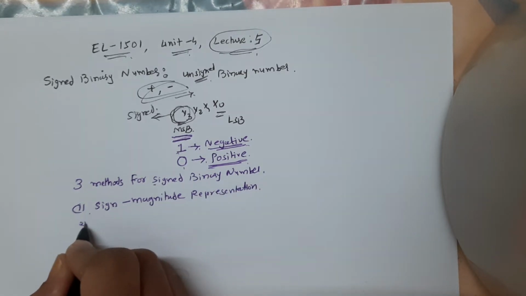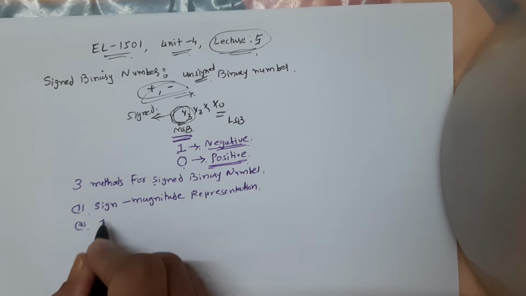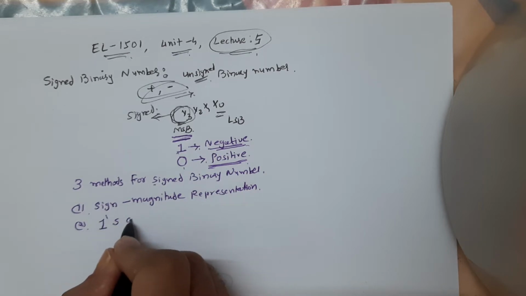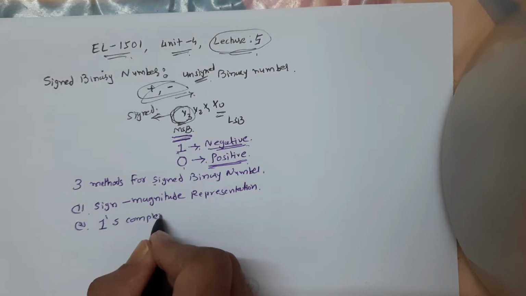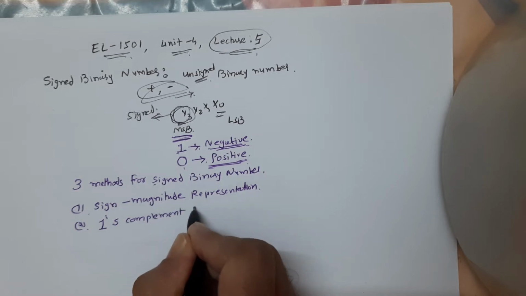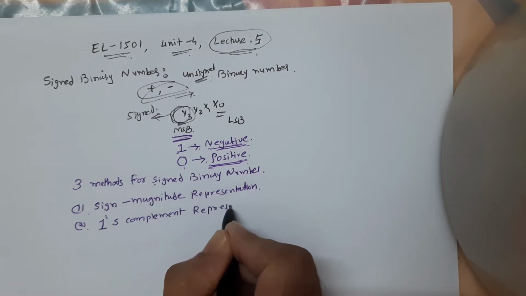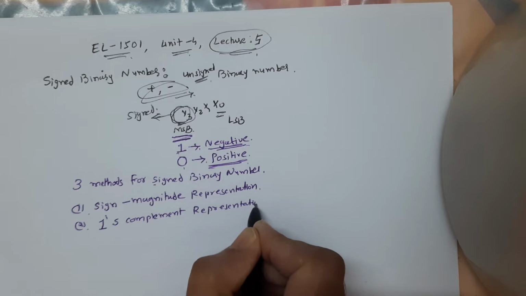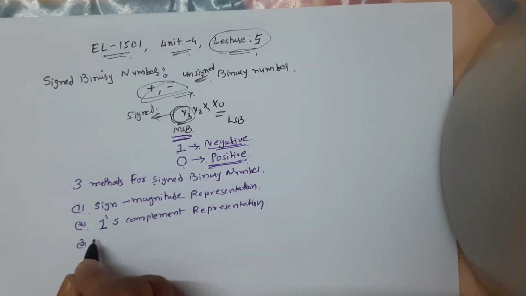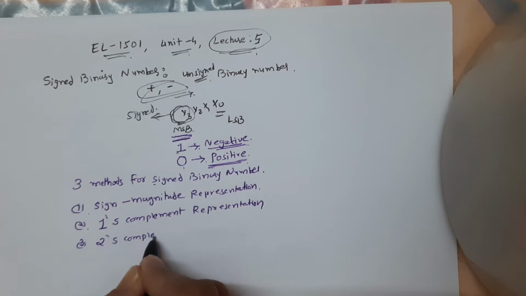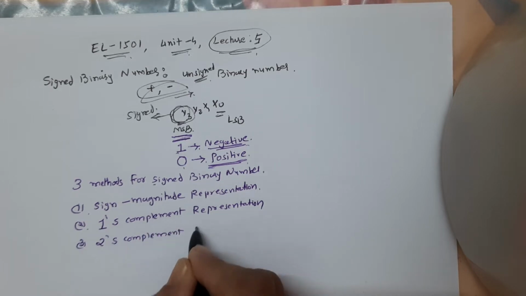The second one is the ones complement representation. And the third method is twos complement representation.